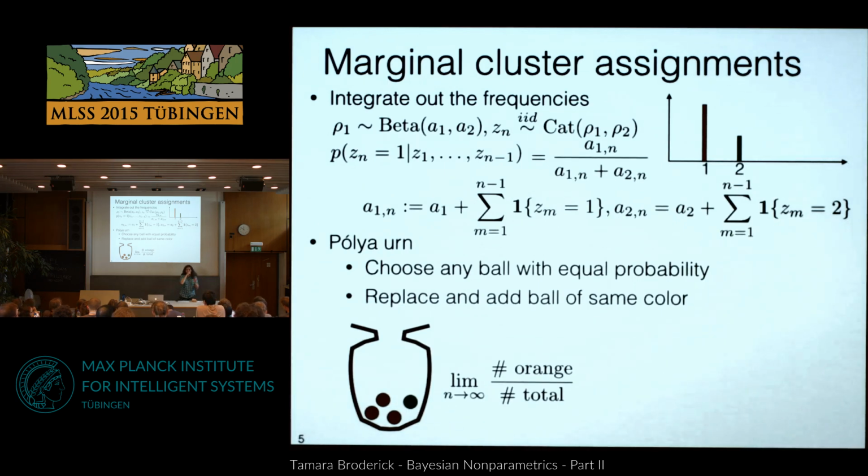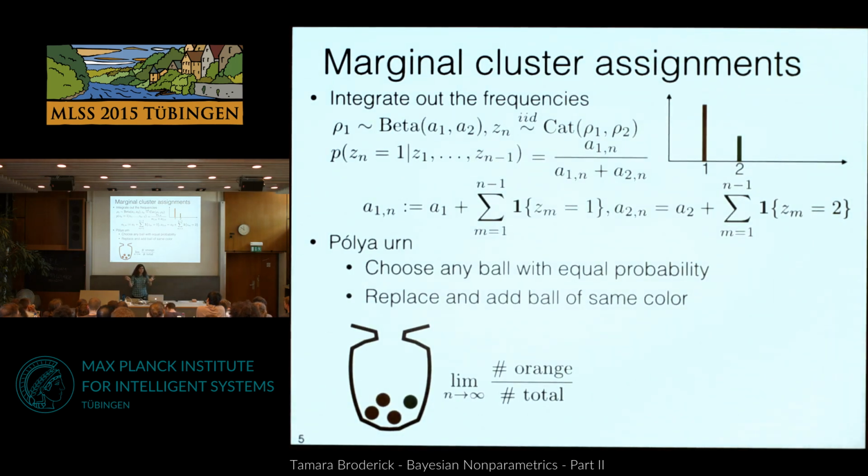So think about the original model. Suppose I draw my beta distributed rho 1 and rho 2. And then I make these IID draws conditional on rho 1 and rho 2, where every one of them is 1 with probability rho 1 and 2 with probability rho 2. Now, it's exactly equivalent. I'll have the exact same distribution on Z1, Z2, Z3, etc. as this Z1, Z2, Z3 if I do a Polya urn. If you don't believe that we proved that, just assume it for the moment.